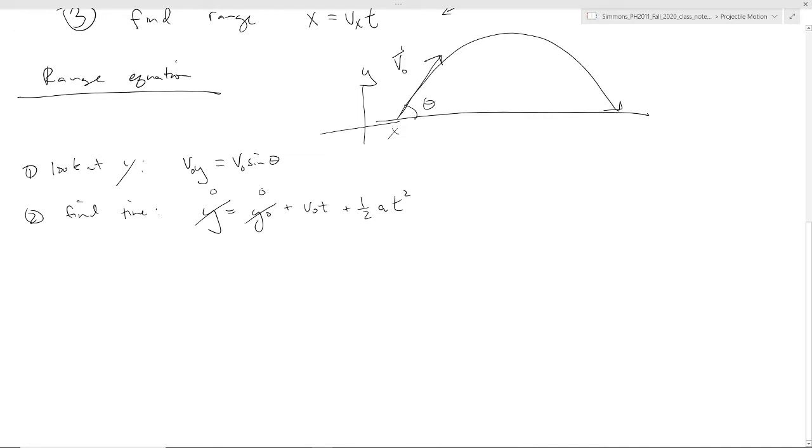And also recognize that the acceleration due to gravity is going to be g, and it's also going to be pointed down. So this would become that. And I should be careful, this is really v naught y. We can then solve this for the time.